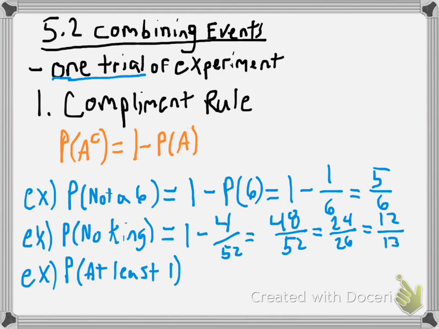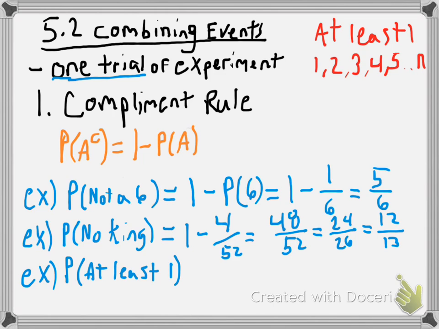Okay, and then lastly, the probability of at least one something. Now, I haven't given you an experiment, but remember, if you want to do the probability of at least one, that means the number 1, 2, 3, 4, 5, and so on, up to n, depending on how many trials you run.